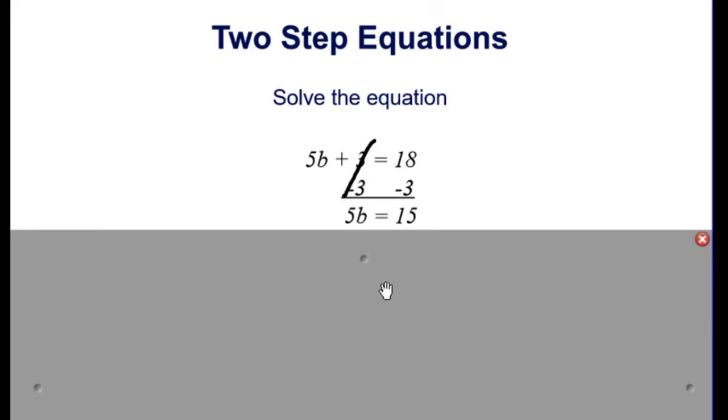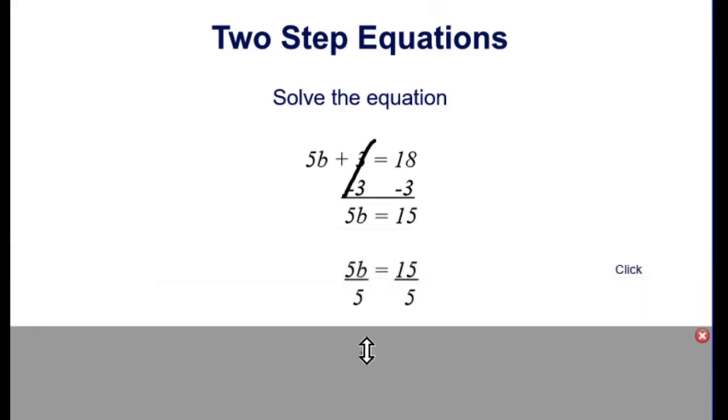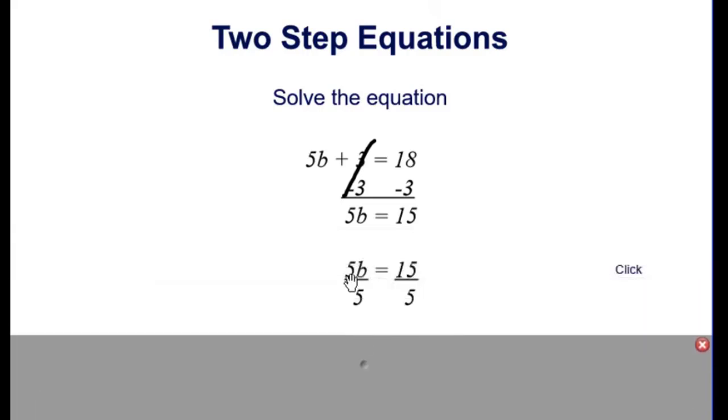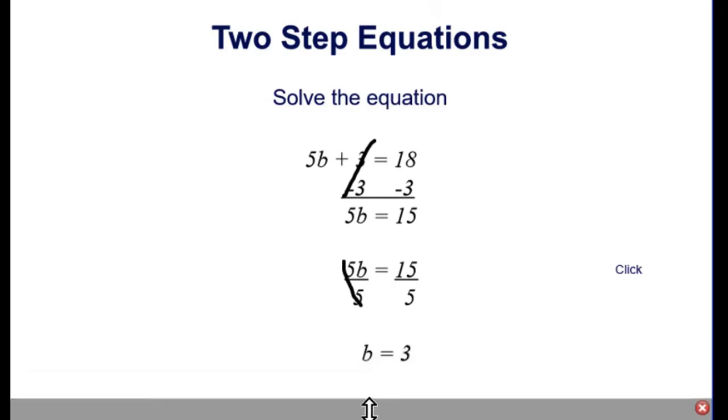We now have division and multiplication. We have multiplying by 5 times b equals 15. So we need to undo multiplying by 5 by dividing both sides by 5, which leaves us with b equals 3.